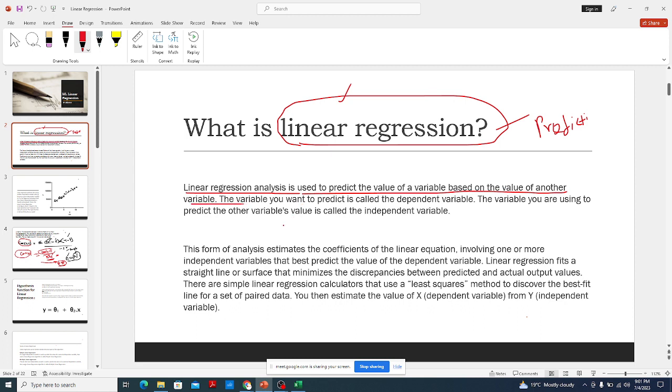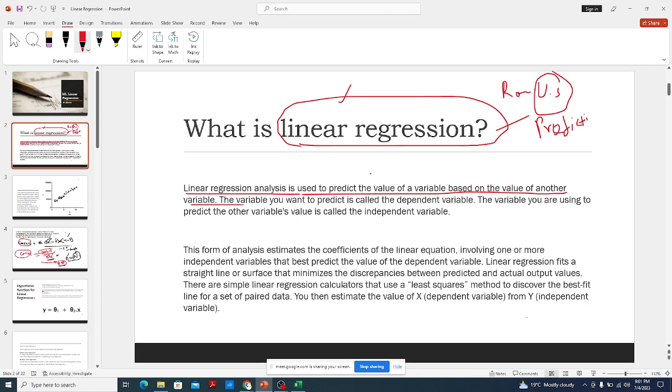For example, using the umbrella sales example, we are using the amount of rainfall to predict the umbrella sales. Meaning that umbrella sales will be our output.